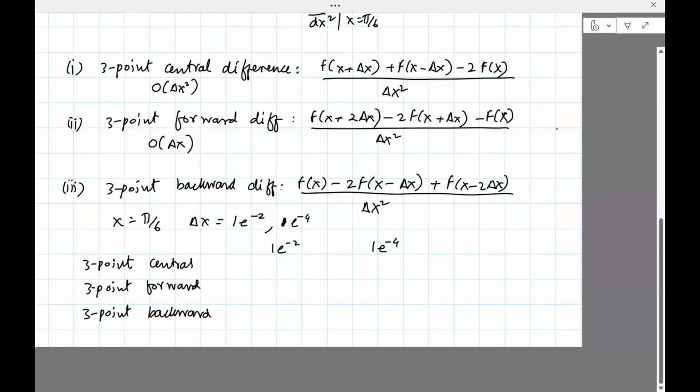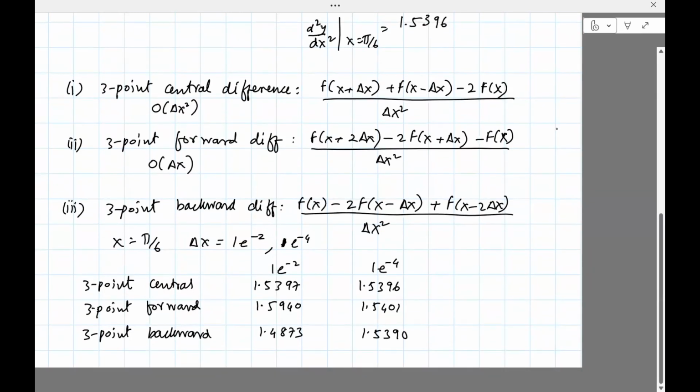So with 3-point central difference, I get 1.5397 to 4 decimal places, 1.5940, 1.4873, 1.5396, 1.5401, 1.5390. Okay, now comes the part where we check the true value.